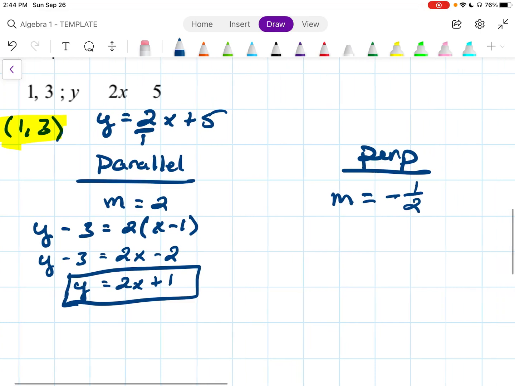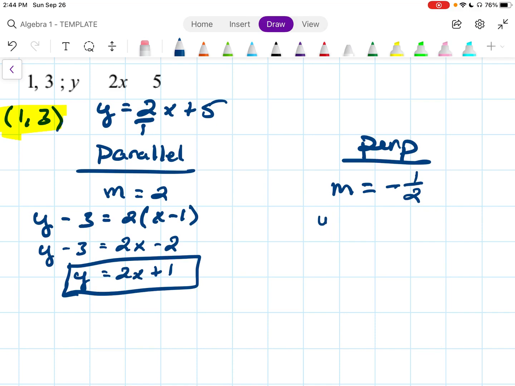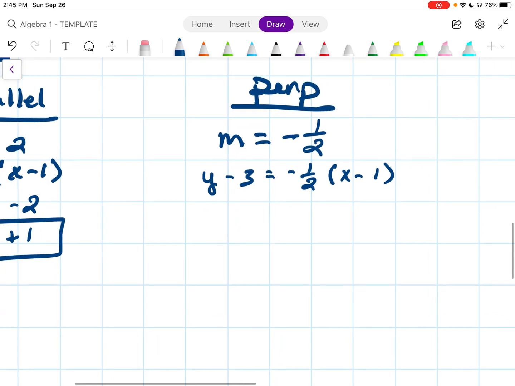Now for perpendicular, I'm going to do it in the same way. I have y minus 3 equals negative 1/2 times x minus 1. Solving it, I'll go ahead and distribute the negative 1/2, so I'll have y minus 3 equals negative 1/2 x plus 1/2.